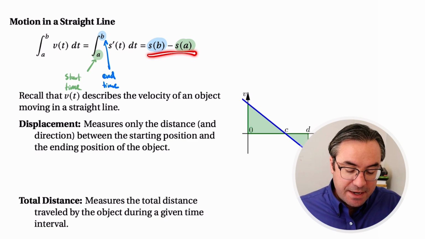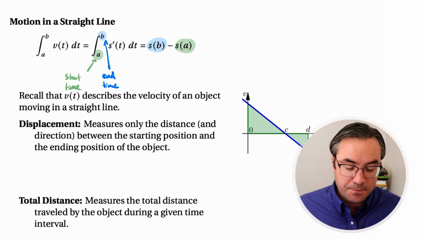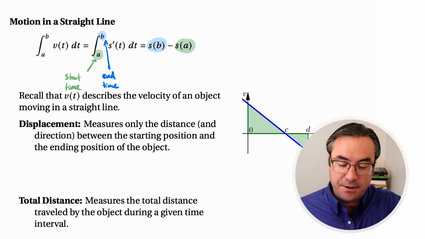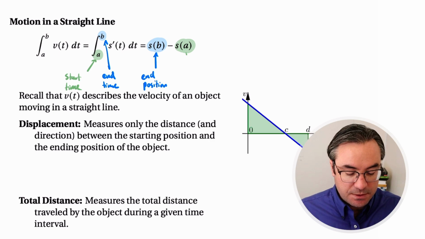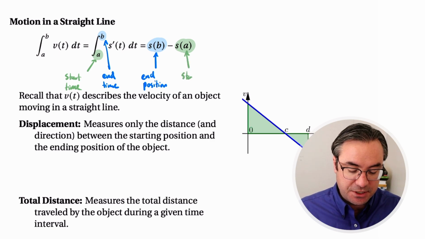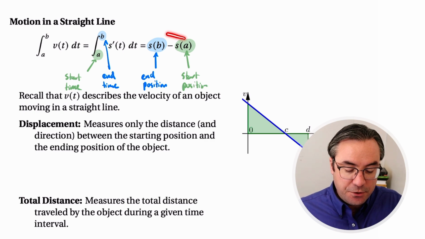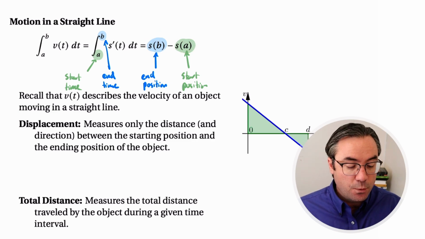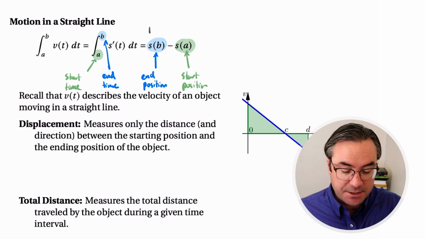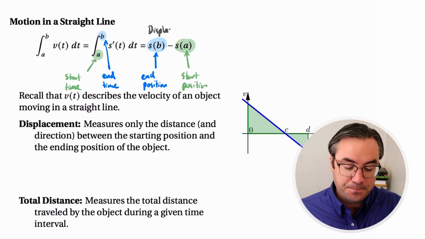When we calculate this difference, we're taking our end position, where our object ends up after it does all of its traveling, and we're subtracting off its start position. If we do this subtraction between its ending position and its starting position, we get what's called the displacement. And that's what this is.